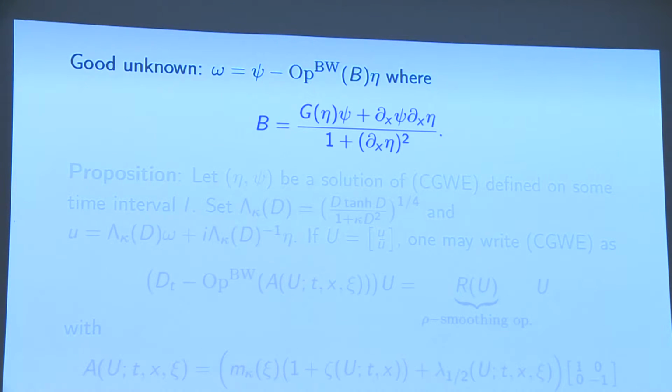which consists in saying that this problem that I was mentioning comes from the fact that we didn't use the good unknowns to express the problem, and that instead of writing the equation on eta psi, as I did, one should introduce instead omega, which is psi minus some operator acting on eta, where b, the symbol of this operator, is just an explicit function, G of eta psi, plus dx psi dx eta divided by 1 plus dx eta to the square.